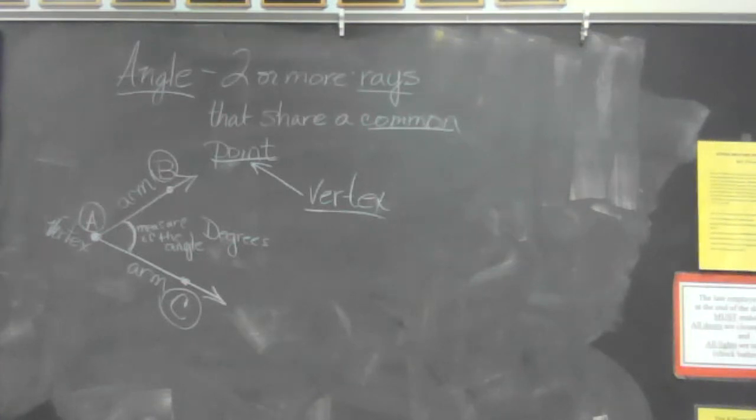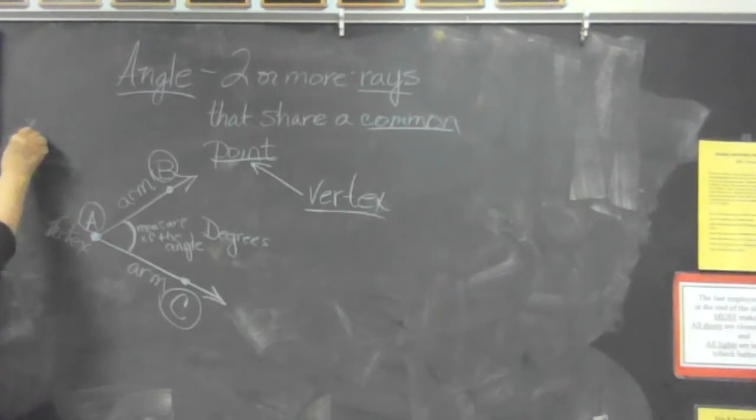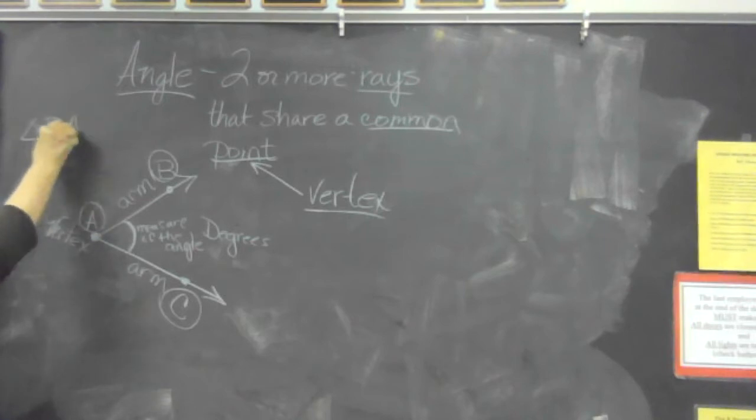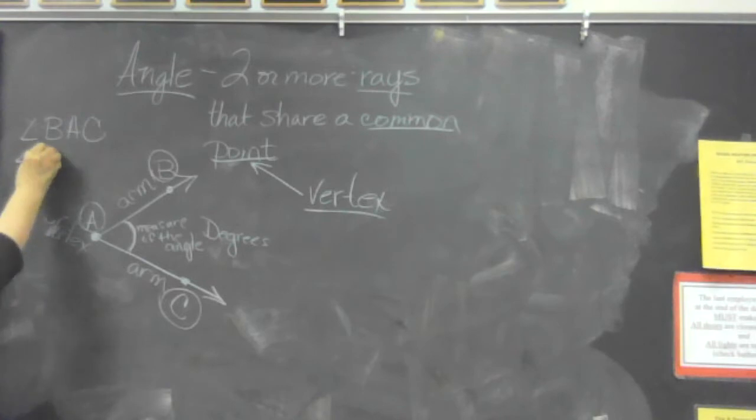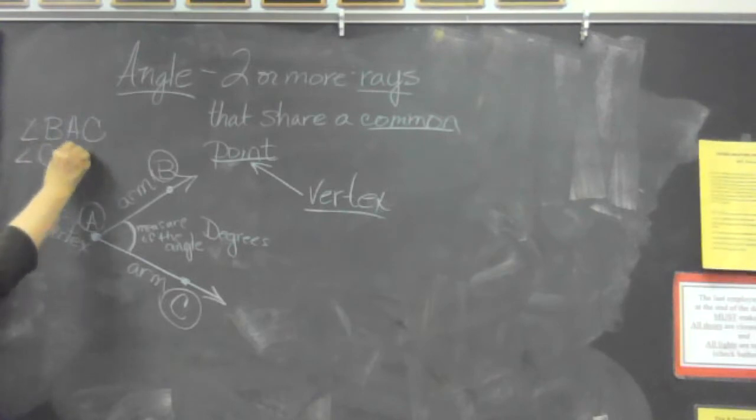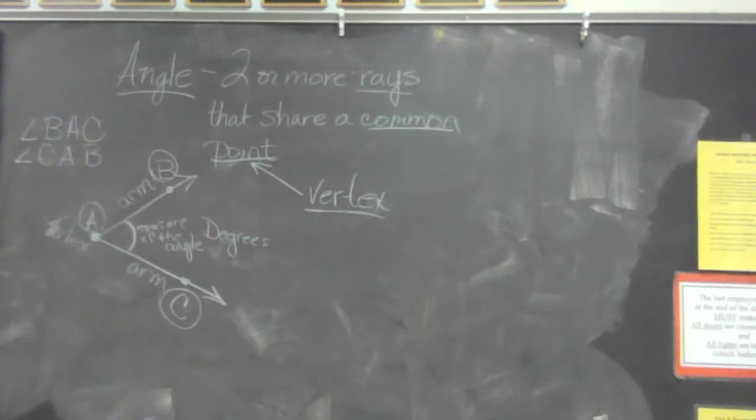The outside ones, the order doesn't matter, but the vertex has to be in the middle. So this would be angle BAC, or it can be angle CAB. It indicates the same angle. Y'all see? A always has to be in the middle. The vertex has to be in the middle.